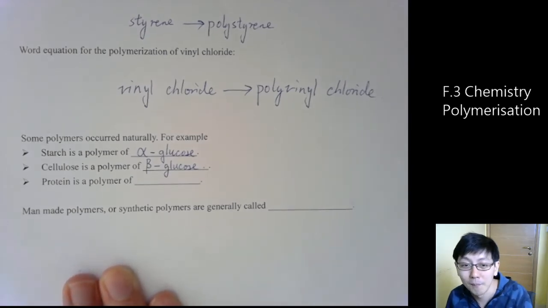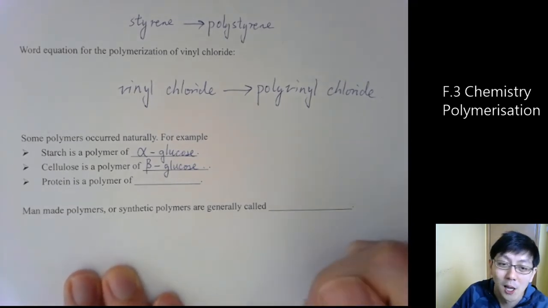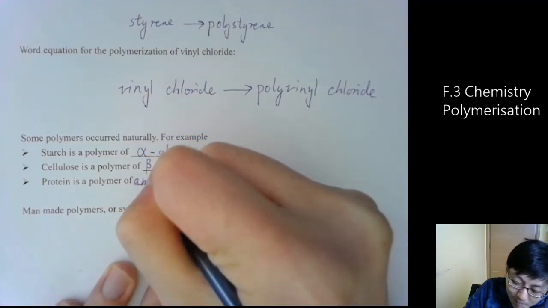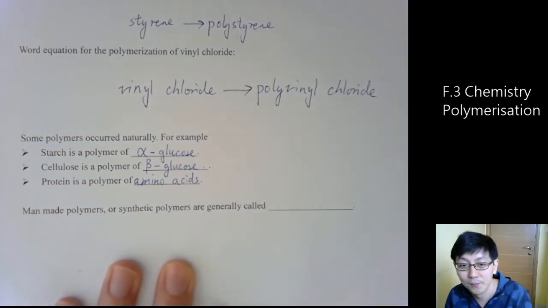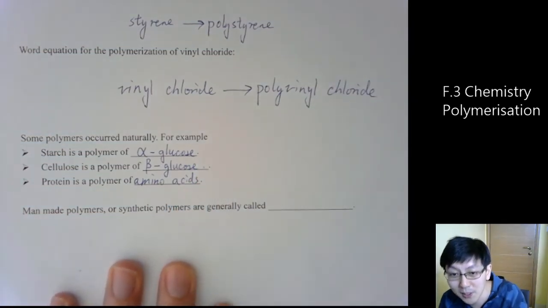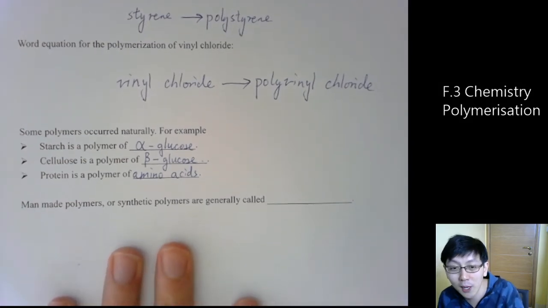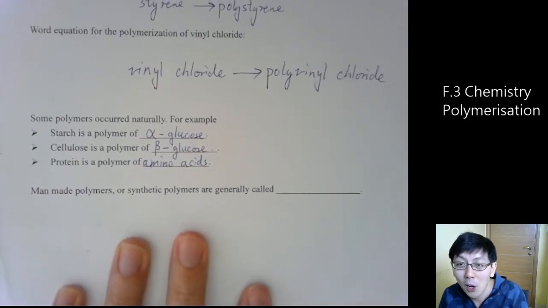Proteins we may have learned about; when they are digested in the body they break down to the monomer. Actually, a protein is a polymer of amino acids. And there is more than one kind of amino acid; different kinds of amino acids joined together repeatedly form different proteins.